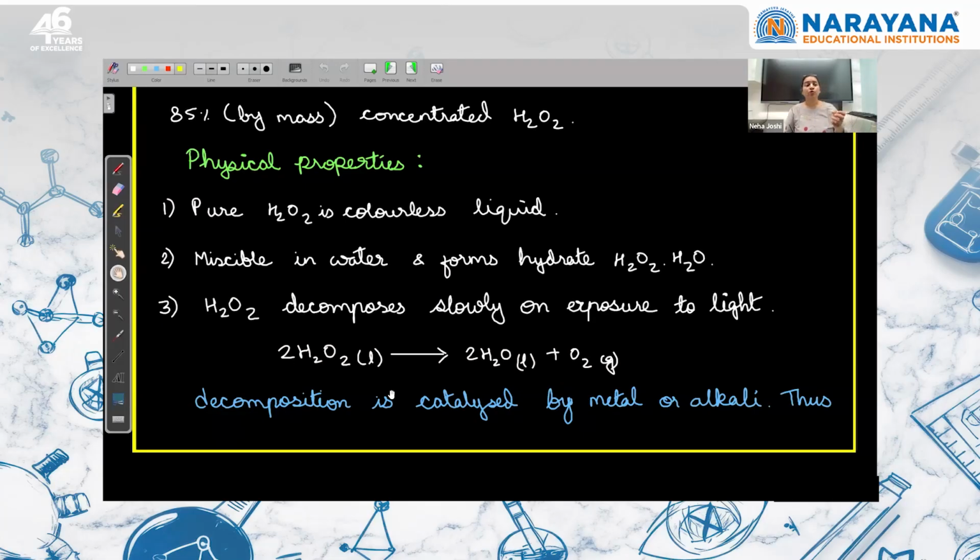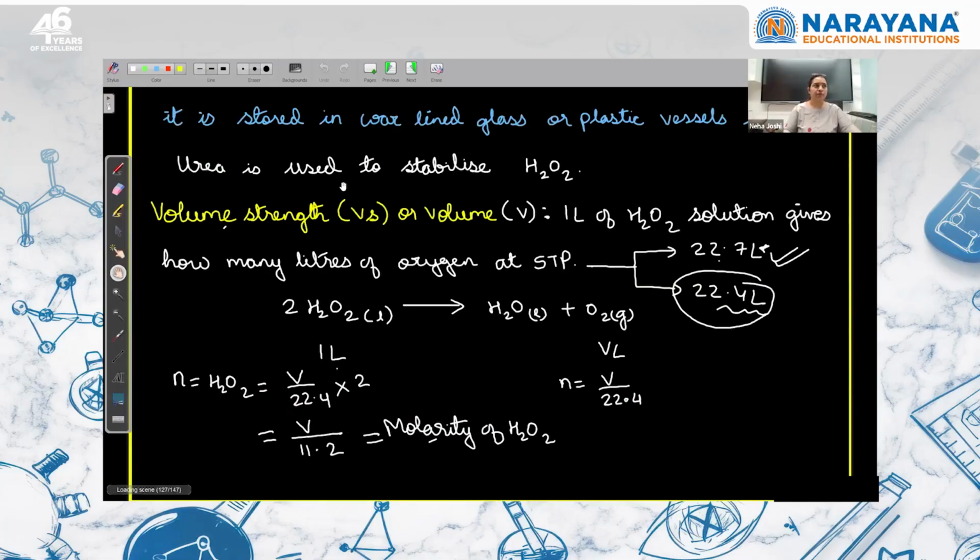So that is why H2O2 is stored in bottles which have either the wax coating, we add some urea in it so as to inhibit or so as to slow down its decomposition. Okay, wax lined glass or plastic vessels, we also want to put them in dark because light catalyzes their decomposition.